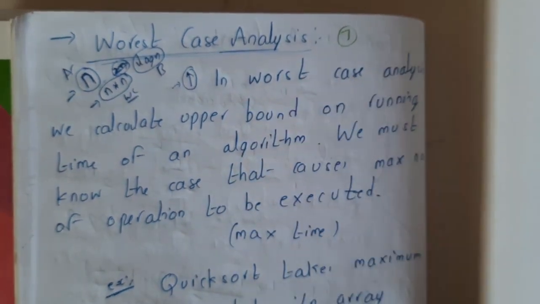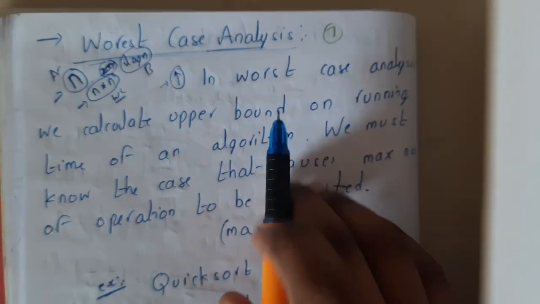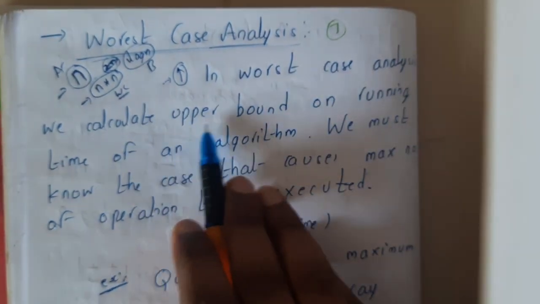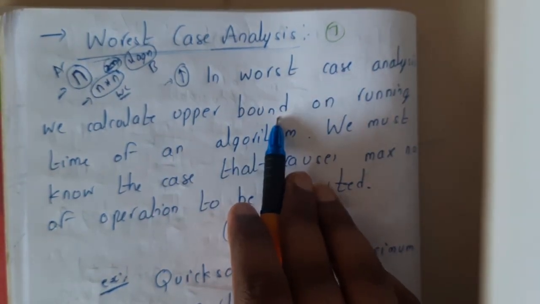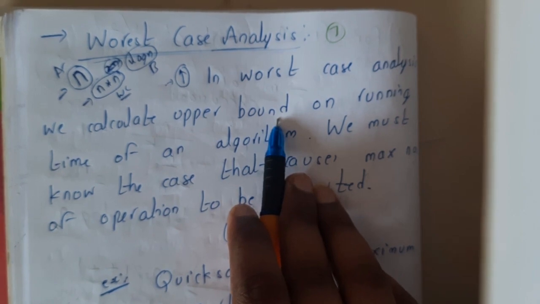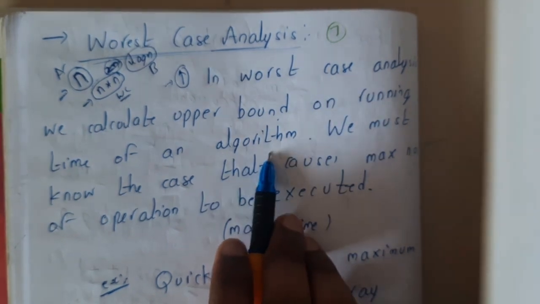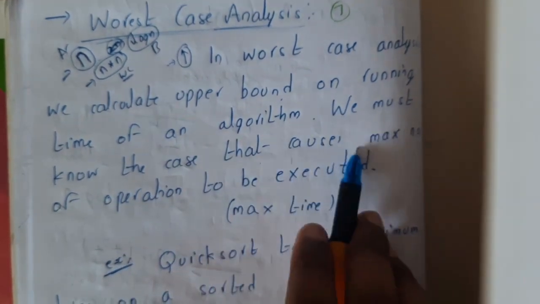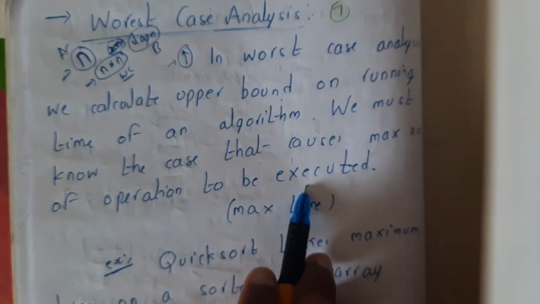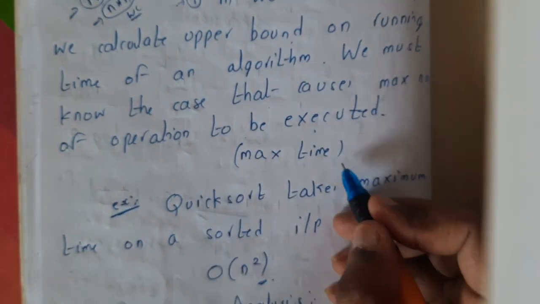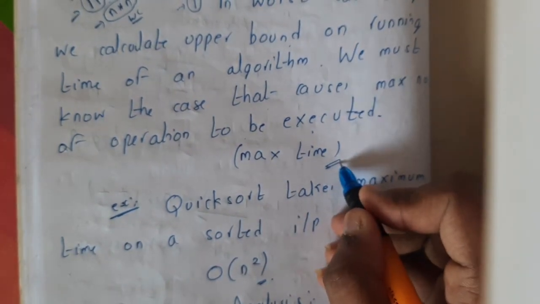Once we go to the definition, it will be clearer. In worst case analysis, we calculate the upper bound. Upper bound is nothing but the maximum running time of an algorithm. We must know the case that causes the maximum number of operations to be executed. That is the worst case. You can simply say it is the maximum time.